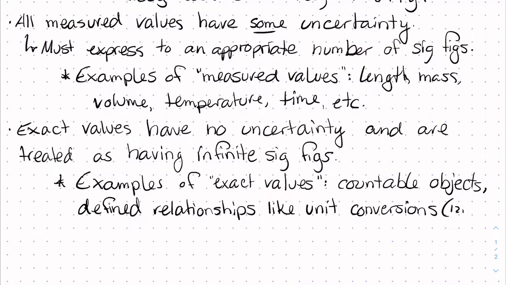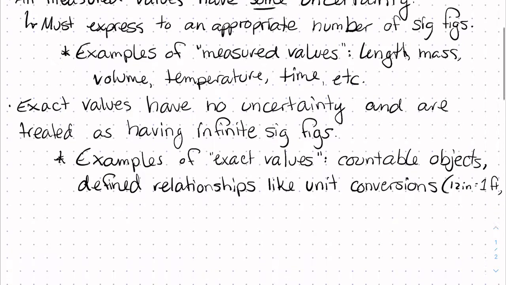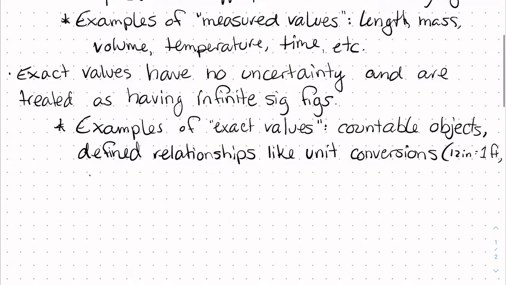Something like 12 inches being equal to 1 foot, that is the definition of that unit conversion, and it is exact. There are exactly 12 inches in 1 foot. That there are 1,000 milligrams in a gram, that is a defined relationship. It is exact. There is no uncertainty in that number. So when we deal with these types of values, we treat them as having infinite significant digits.